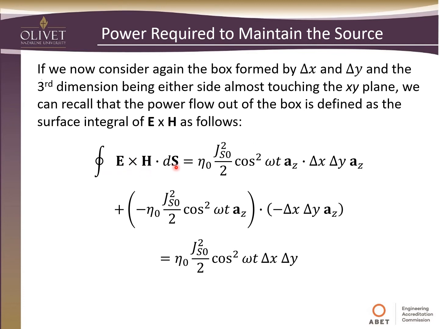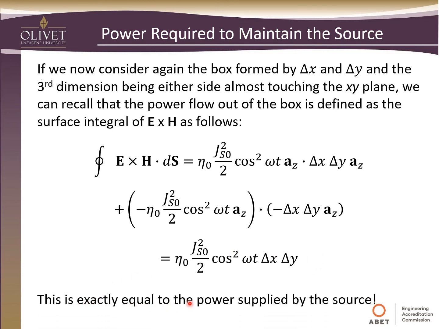So as follows, when we plug in the values here, we get this expression here, what we had for our electric field in the z direction, and then that's going to be dotted with this delta x, delta y, or our rectangle in the z direction. And so when we work all that out and do the calculus and combine some terms, we get this new resulting term here. So this is exactly equal to the power supplied by the source. If you look back at one slide, this is the exact same expression that we got for that.